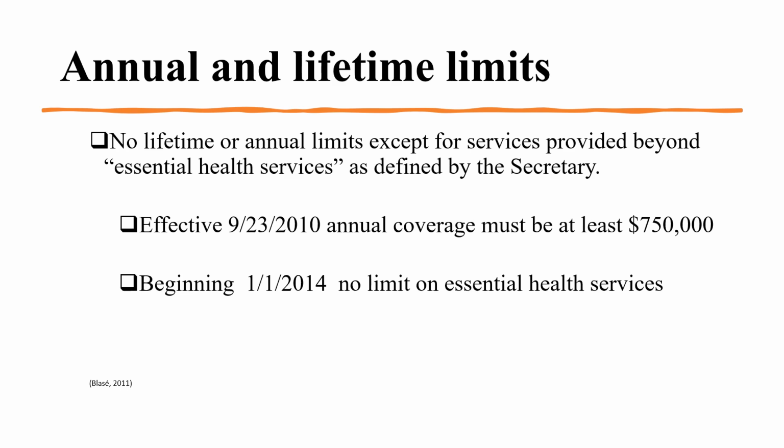Historically, you could buy a health insurance plan with a maximum annual limit of, say, $500,000, and if you had $600,000 of bills, that $100,000 was on you. So that has been removed for essential health benefits.